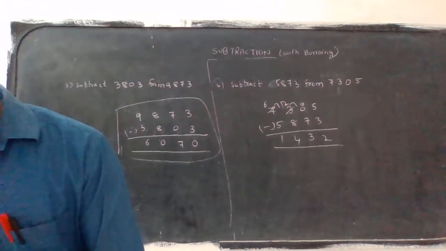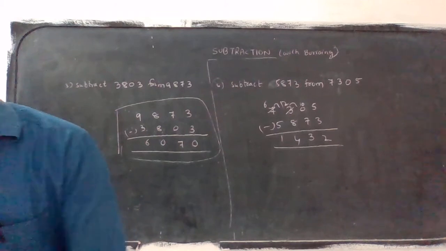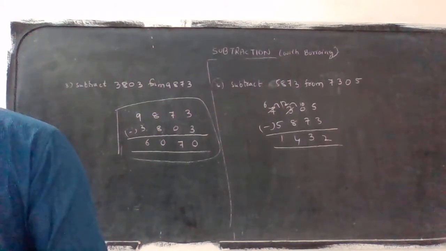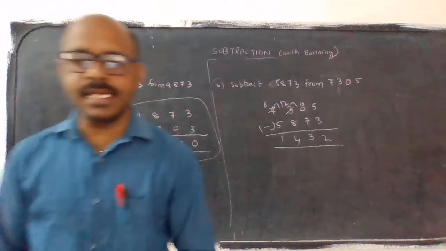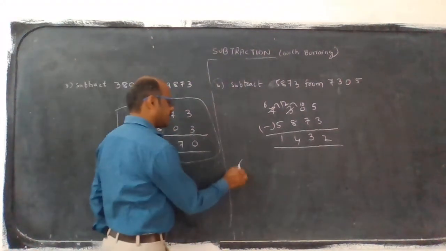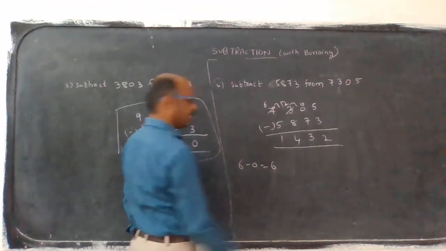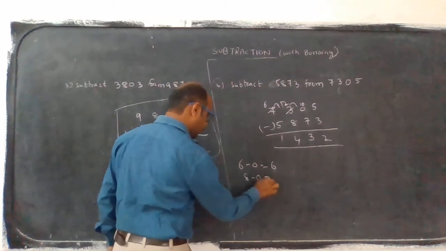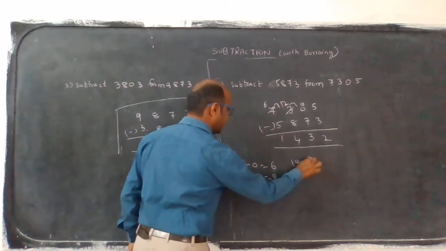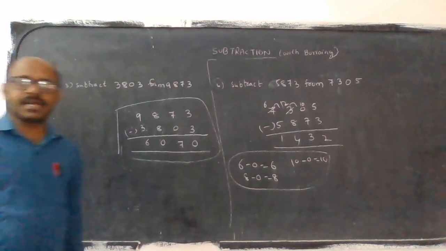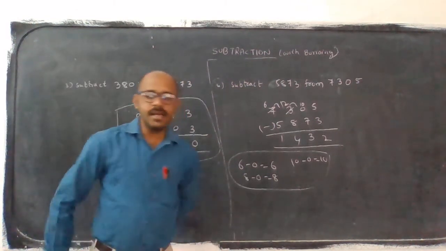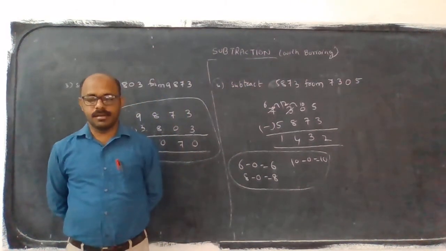Suppose 6 minus 0 is 6 only. 8 minus 0 is 8 only. 10 minus 0 is 10 only. Means 0 subtracted from any number gives the same number.